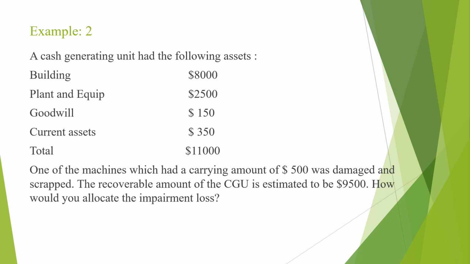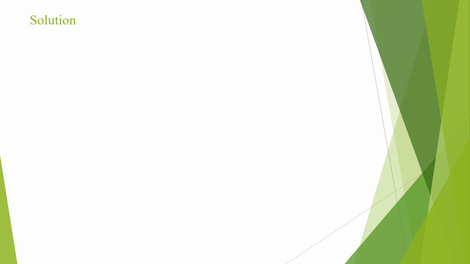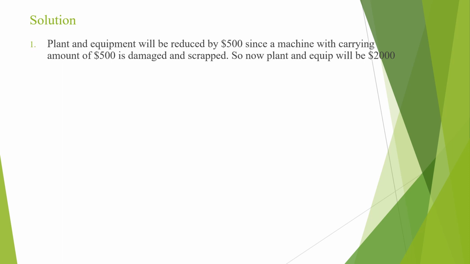So let me take you through this example step by step. The first step would be to write down the machine. Plant and equipment will be reduced by $500 since the machine with carrying amount of 500 is damaged and scrapped. So the plant and equipment which earlier had a carrying amount of 2,500 will now be written down to 2,000 because 500 has become scrap.